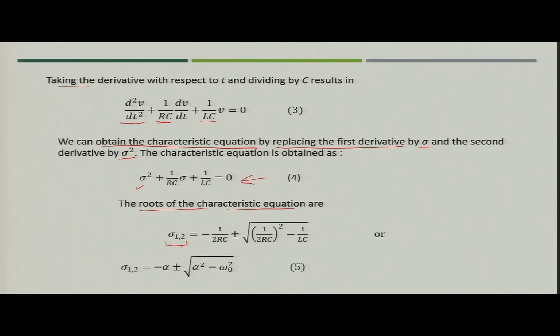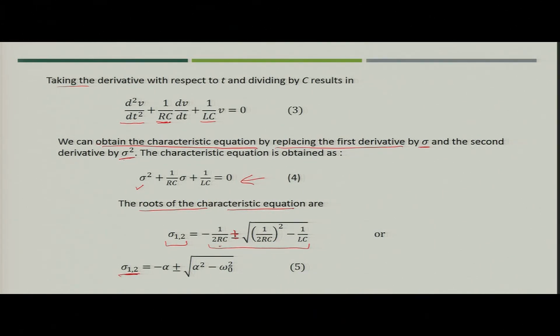The values of sigma 1 and sigma 2 can be given as minus 1 by 2RC plus or minus the square root of (1 upon 2RC) squared minus 1 upon LC. If you see this equation, for sigma 1 you place the plus sign, and for sigma 2 you use the negative sign. So, you will get two roots.